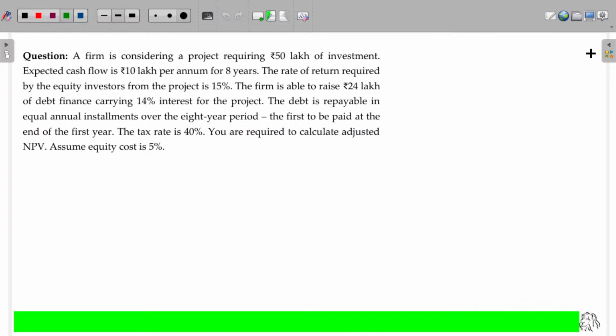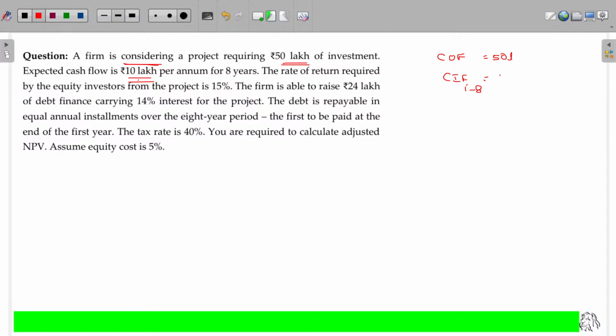Now, a firm is considering a project requiring 50 lakhs of investment. Expected cash flow is 10 lakhs per annum. Cash outflow being 50 lakhs at the 0th period, and cash inflow being 10 lakhs each for years 1 to 8.